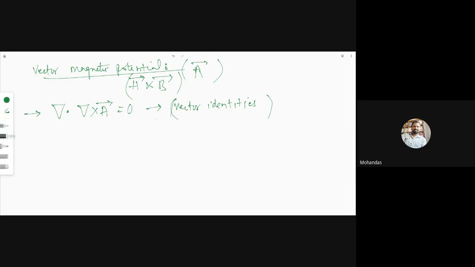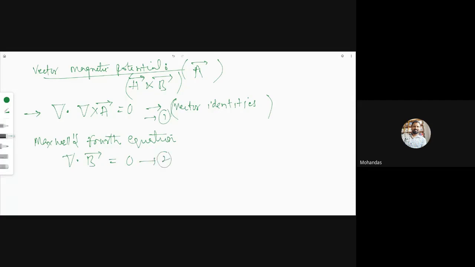Let us say this is equation number 1. Listen carefully, all of this involves mathematical expressions, linking the equations. What is Maxwell's fourth equation? Please respond. Del dot B equal to 0.